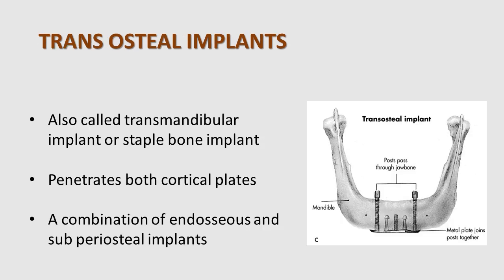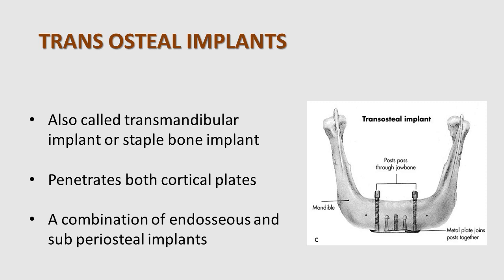Then the transosteal implant. This is only placed in the mandible. It's called the transmandibular implant or staple bone implant. As you can see from the picture, it penetrates both the cortical plates, and it is quite deep, and this can be said to be a combination of both endosseous and subperiosteal implants.